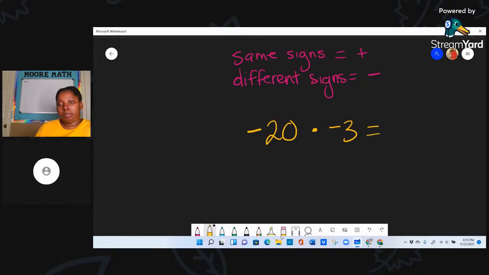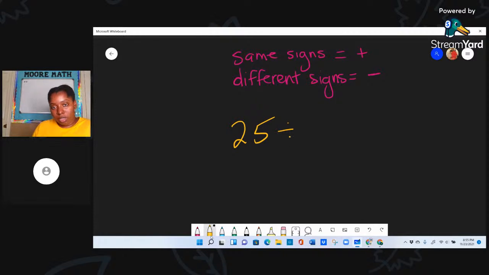Okay, what's the answer? Negative 60. Good. And then let's do division. It's the same rules. So 25 divided by negative 5. Negative 5.